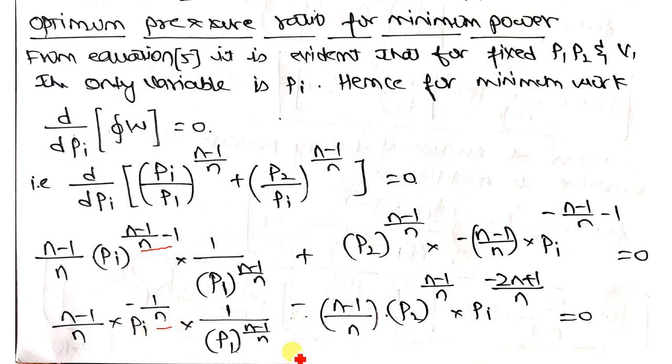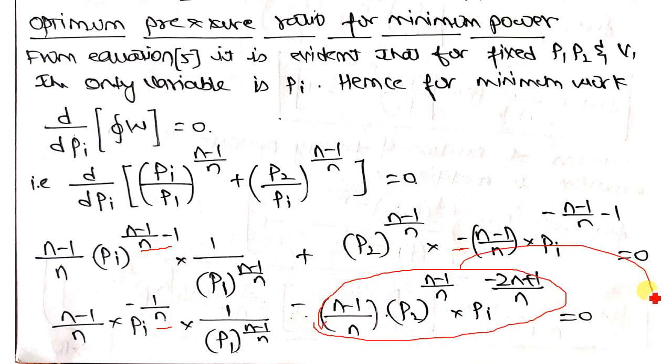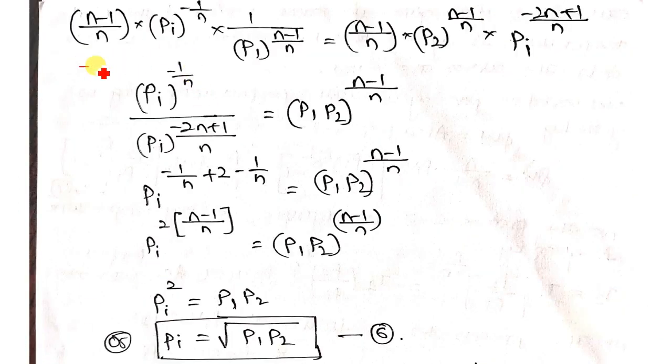Now, what you have to do is take the Pi values on one side and P1, P2 values on the other side. So on the LHS, keep all the Pi values. On the RHS, keep all the P1 and P2 values. If you do so, you simplify the Pi powers.